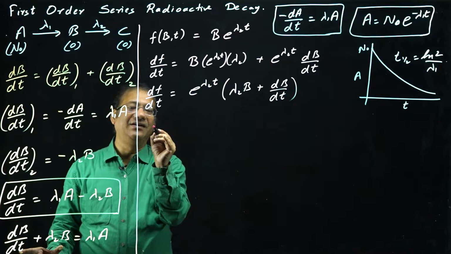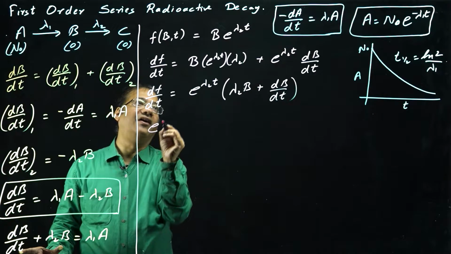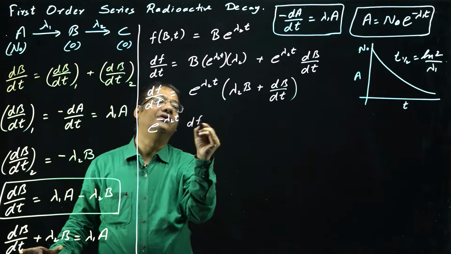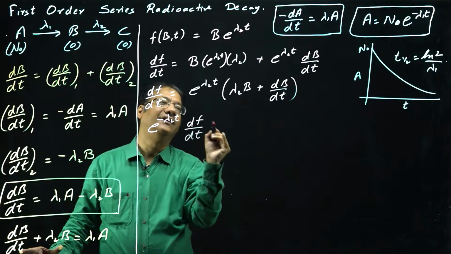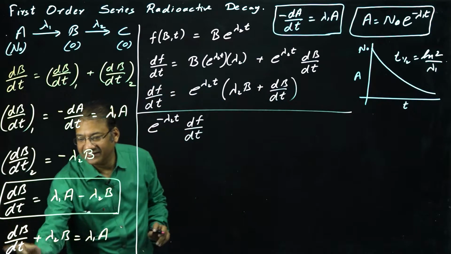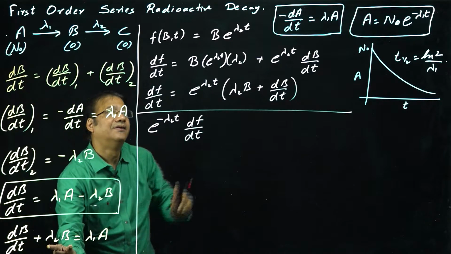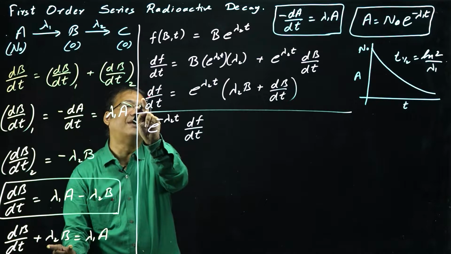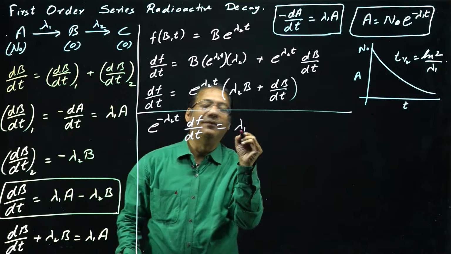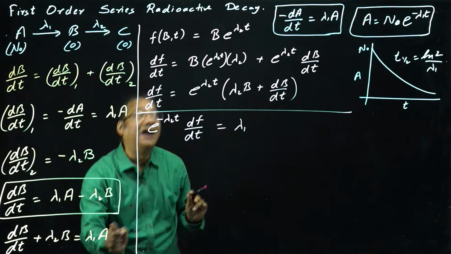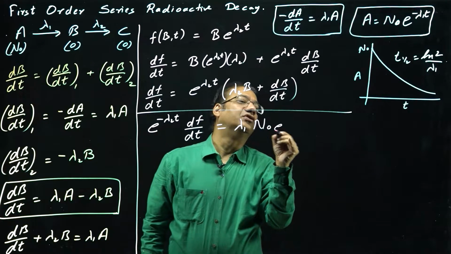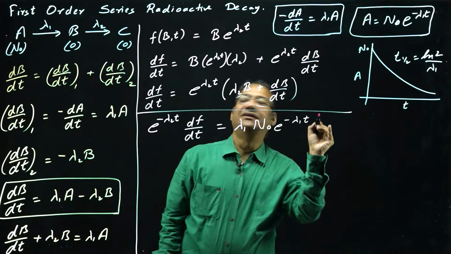For this, I'll write e^(-λ2 t) into df/dt. This is dB/dt + λ2 b. e^(-λ2 t) into df/dt is equal to λ1, and for a also, I'll write the value of a. It is given here: N0 e^(-λ1 t).